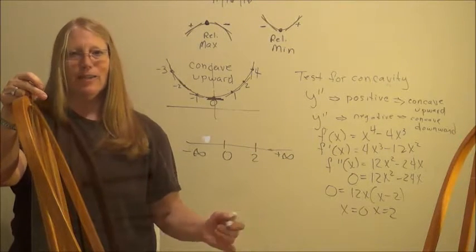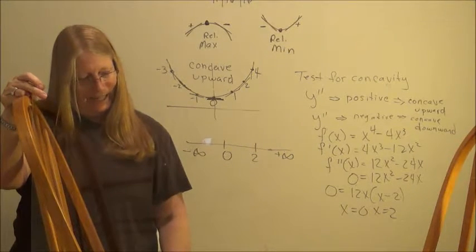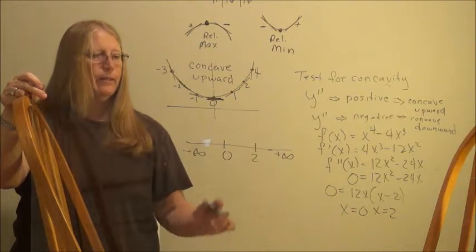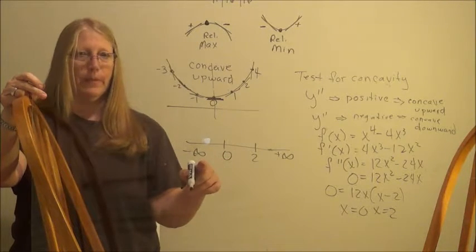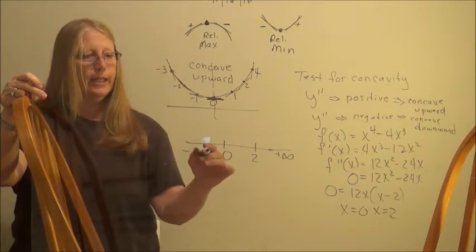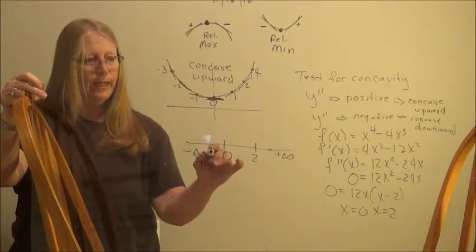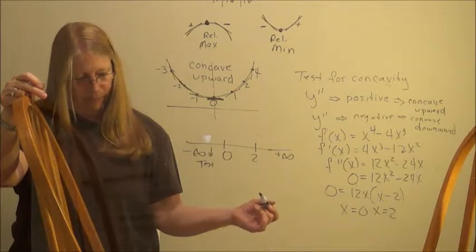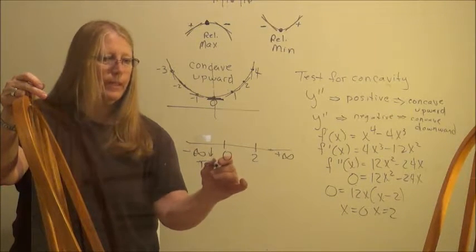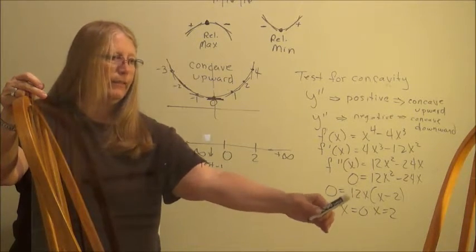Not drawn to scale. So let's go ahead and observe what's happening to the second derivative in these intervals. I will do a test point here in this interval. I'm going to test -1, and I'm going to put it in the second derivative.